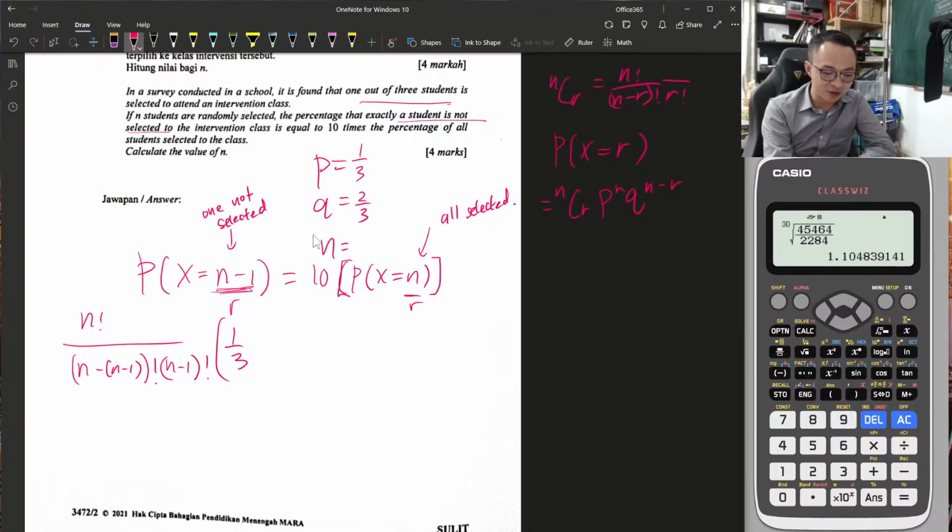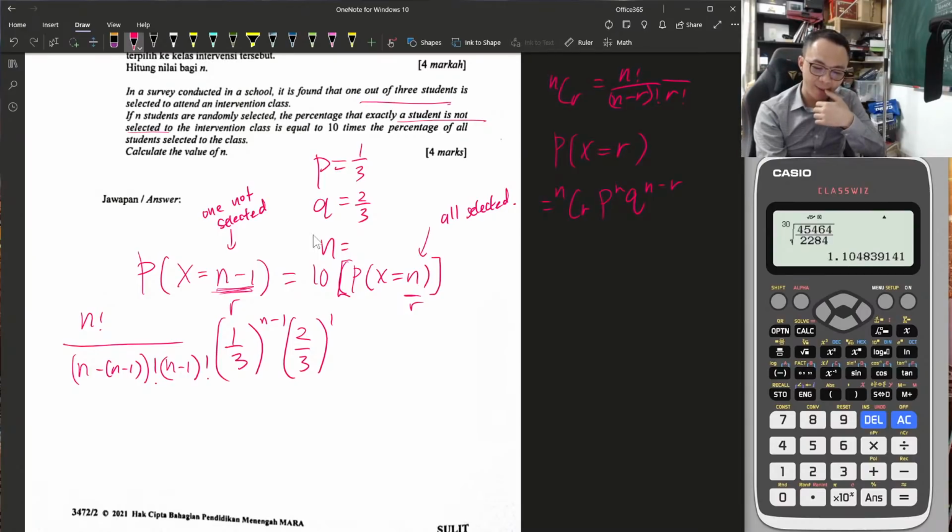And this is 1 over 3 to the power of r, which is n minus 1, and then this is 2 over 3 to the power of 1. This one should be n minus 1, and this one should be 1, because n, yeah, it's 1.